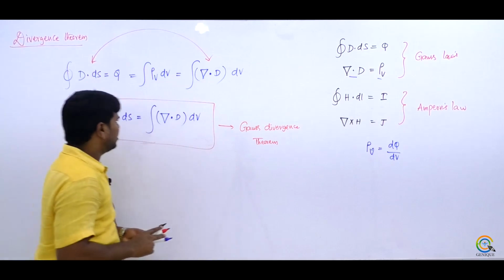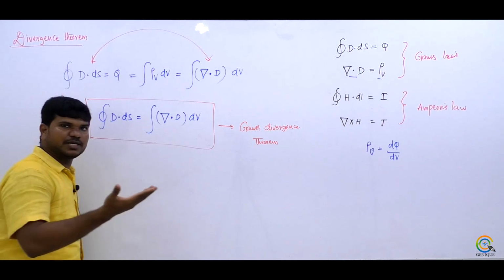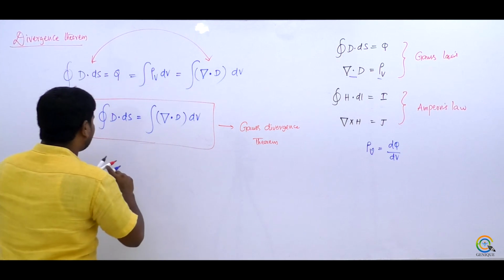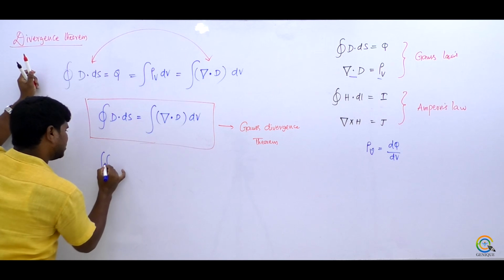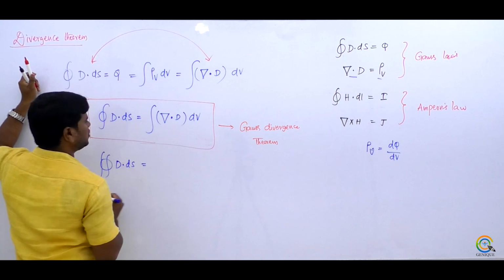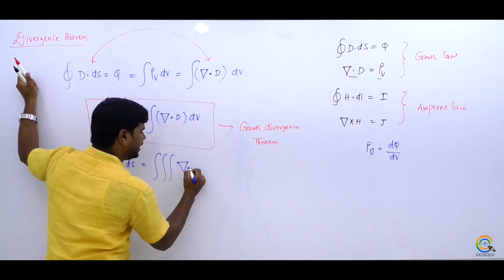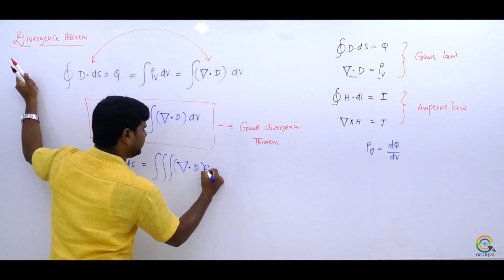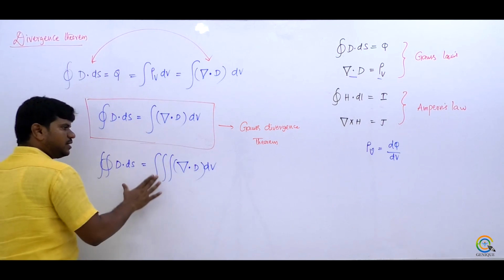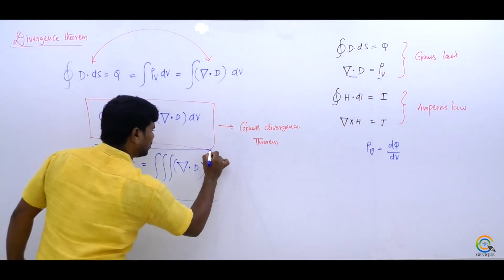The double integral is converted into a volume integral; double integral means surface integral. I can also write this as the closed surface integral D dot dS is equal to the volume integral, which can be written as a triple integral del dot D dV. I can also write the above equation like this. So this is called the Gauss theorem.